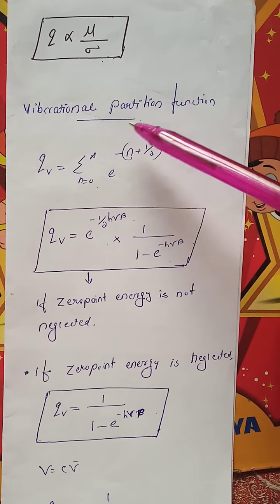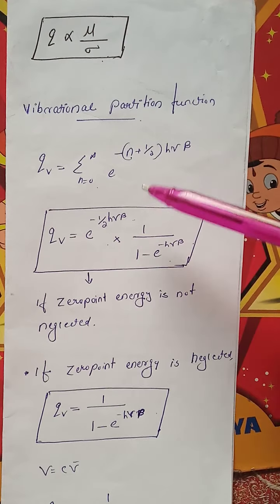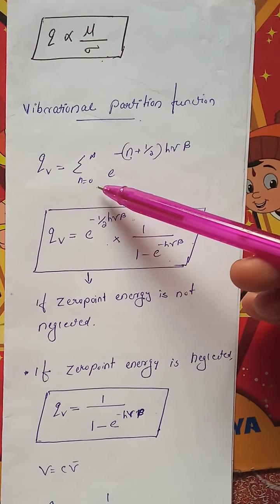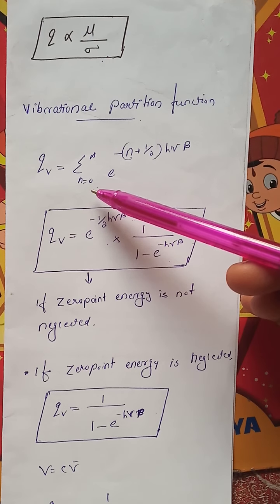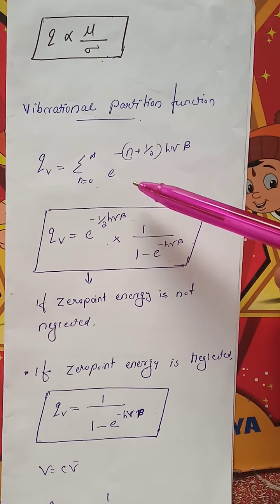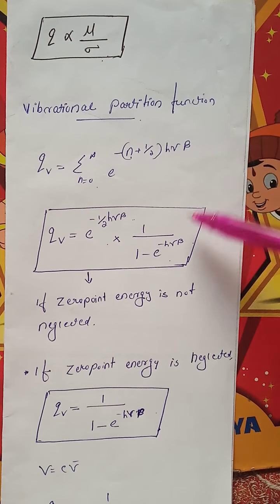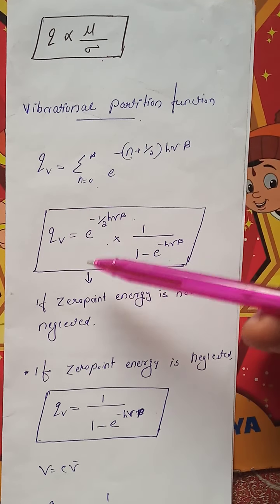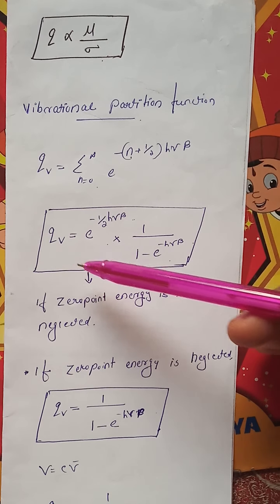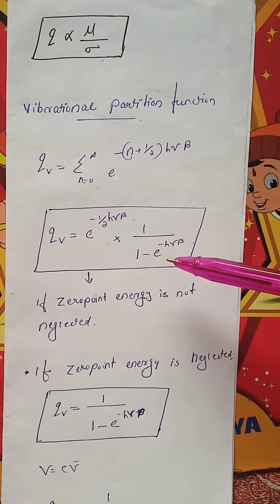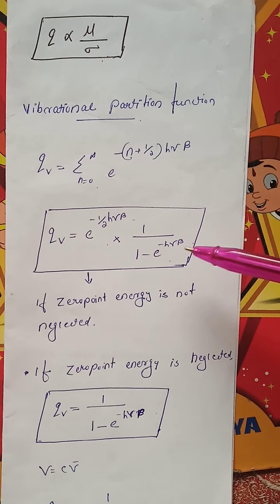Next, moving on to the vibrational partition function. Here we are using the summation: the partition function is equal to the summation from n equal to 0 to infinity of e raised to minus (n plus half) h nu beta. After solving, we get qv is equal to e raised to minus half h nu beta into 1 by 1 minus e raised to minus h nu beta.